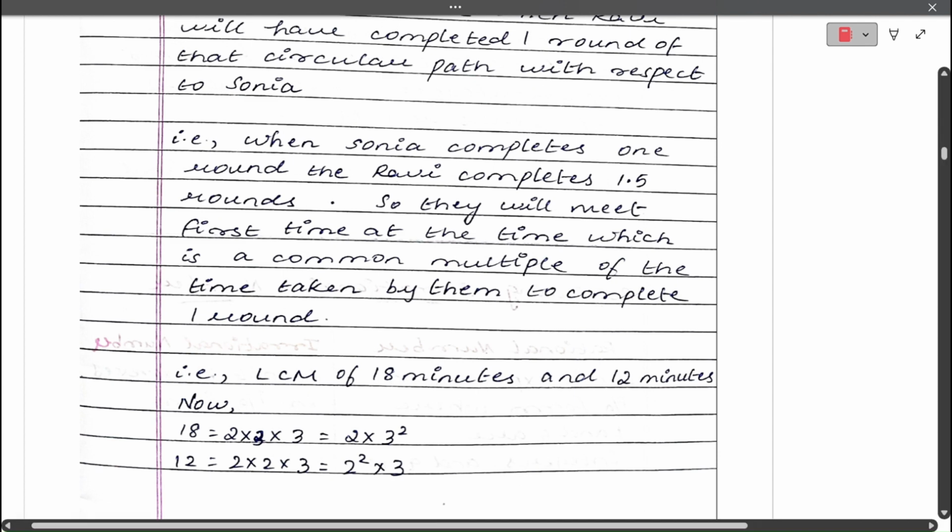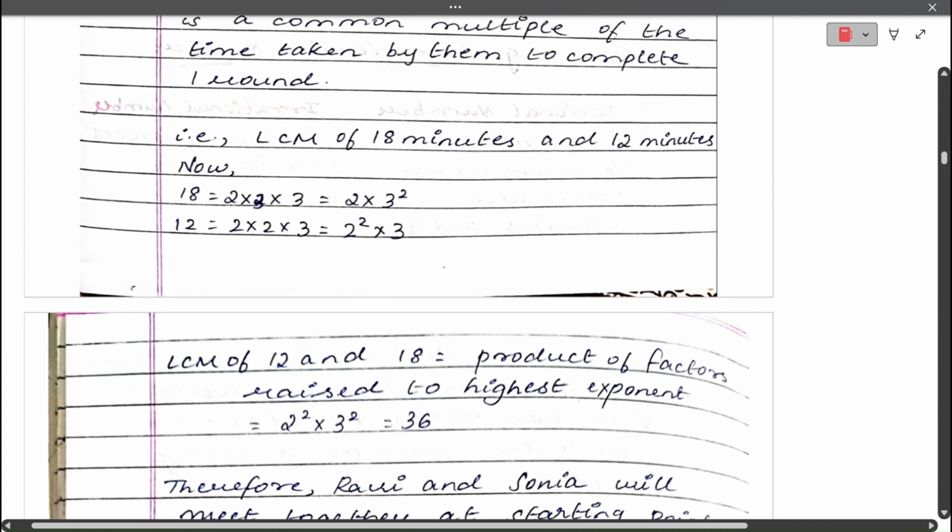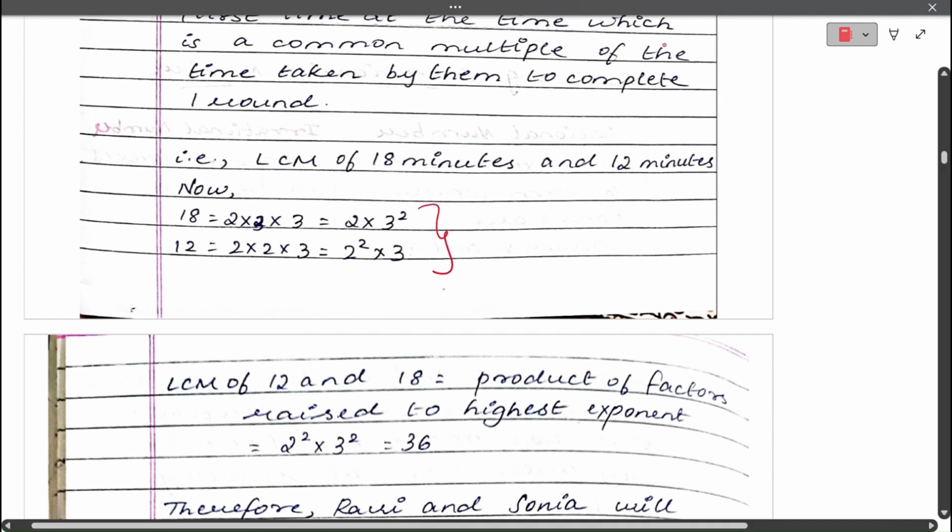So what is the LCM? We find it out. For 12 and 18, we write the prime factors. 18 can be written as 2 into 3 square. 12 can be written as 2 square into 3. So the LCM of 12 and 18 is equal to the product of the prime factors raised to the highest exponents.